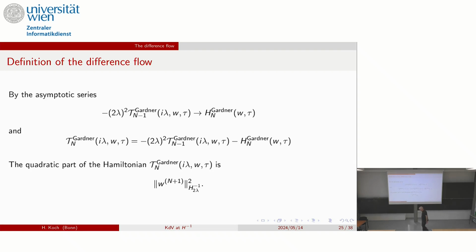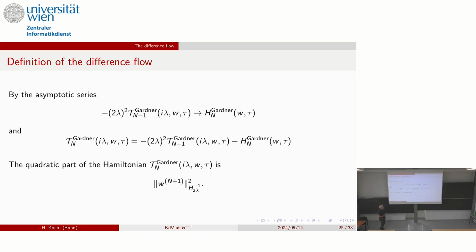Now, let's go back to the difference flow, or let's say to this approximate flow. This was stated several times for the KdV functional, so the corresponding thing for Gardner converges to the Hamiltonian of the Gardner. And then you can also use the expansion to do various things.